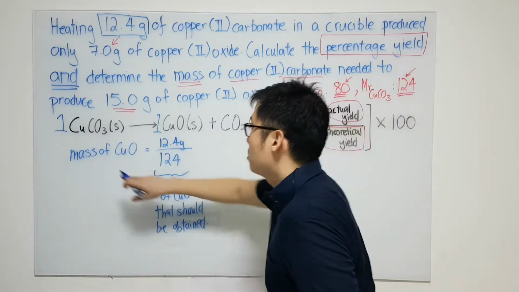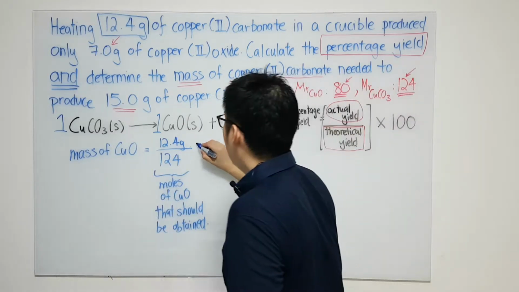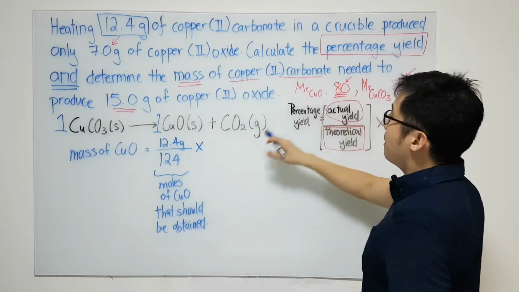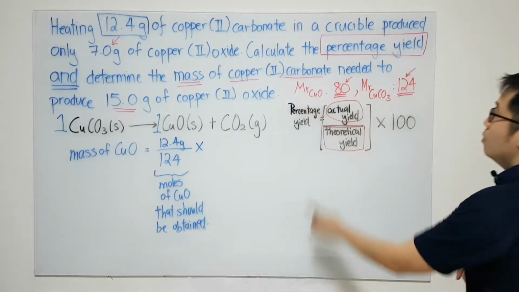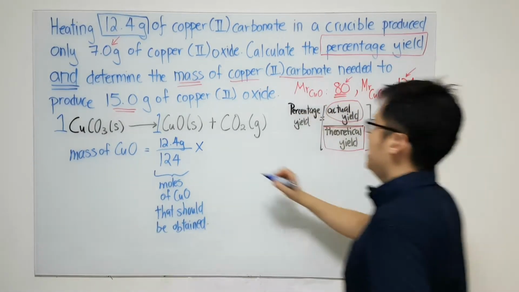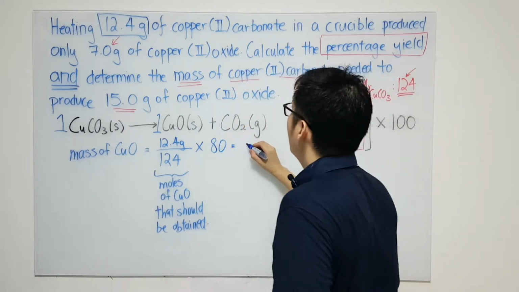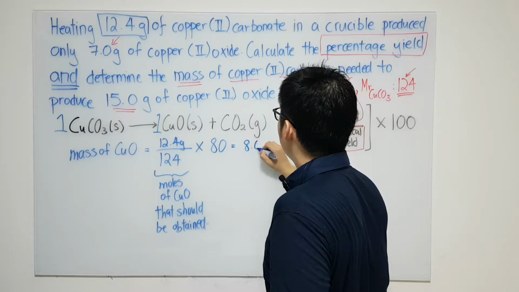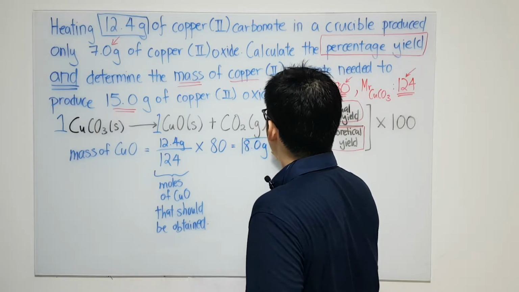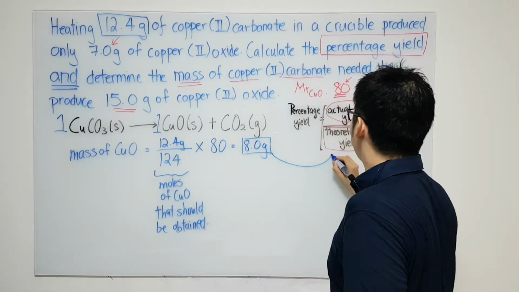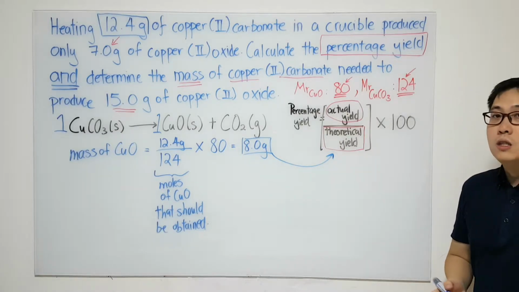Now, to get the mass, we will actually take moles times MR. In this case, because we want to find the mass of CuO, the MR is actually 80. So that, students, will give you a value of 8.0 grams. And this is actually your theoretical yield.